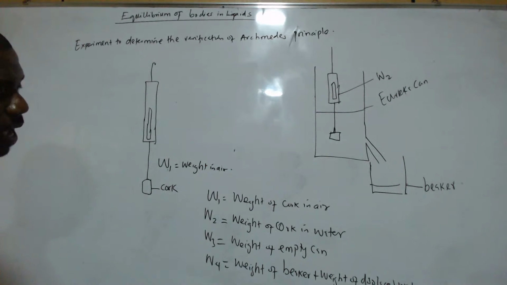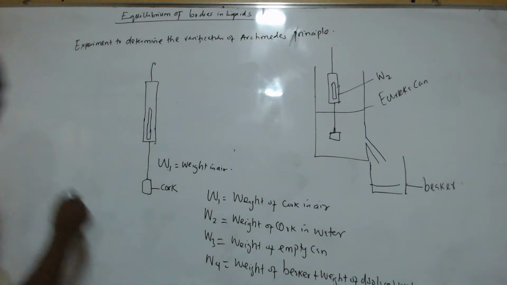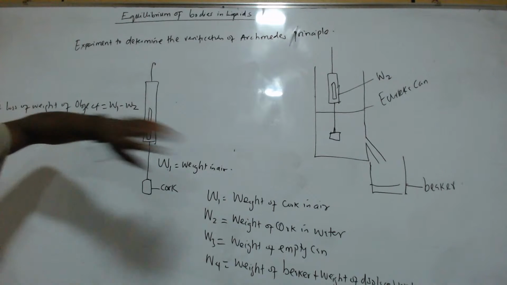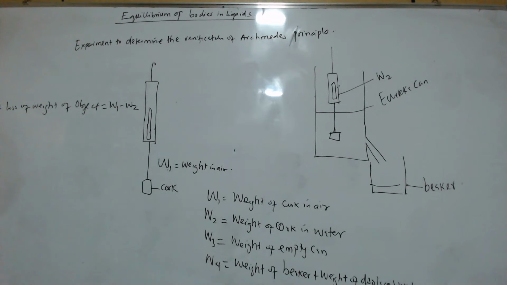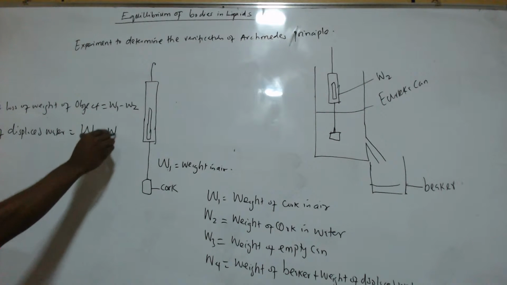So we'll now have from our experiment the apparent loss of weight of the object, the loss of weight when it is in air and then when it is in a liquid, minus W3.